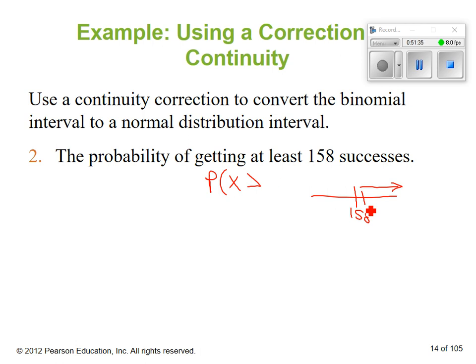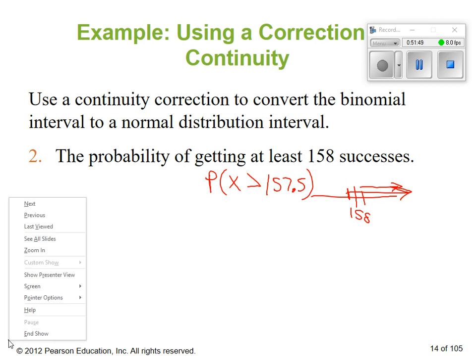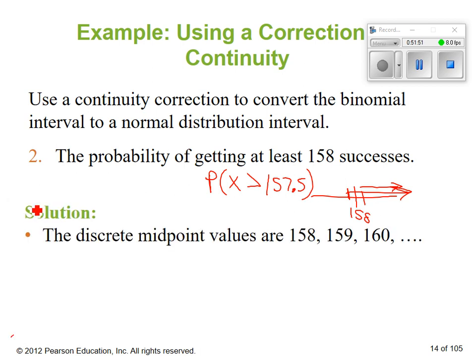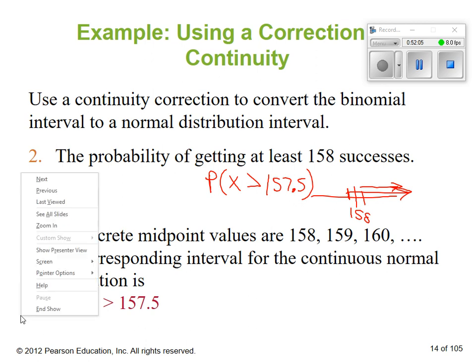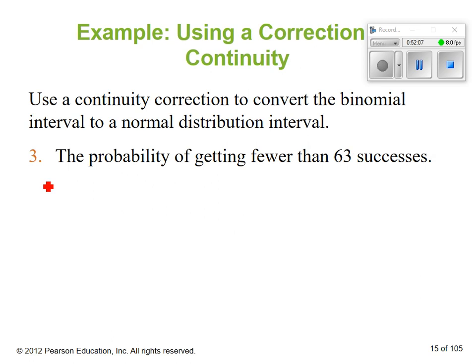Oh, so 157. We go 157.5, because we actually want to start down here so that we include all of that. So we want X to be greater than 157.5 so that we get that entire bar there instead of skipping part of the bar. Mike, will that make any sense? You can handle that, you think?